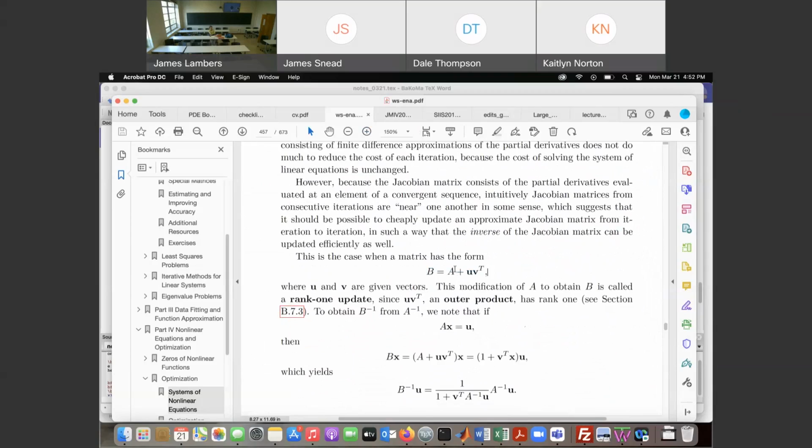Let's suppose that for a matrix A, A inverse is known. And we also know that B is a rank 1 update of A. So B is equal to A plus this outer product of some given vectors u and v. So how can we get B inverse in terms of A inverse in this situation?